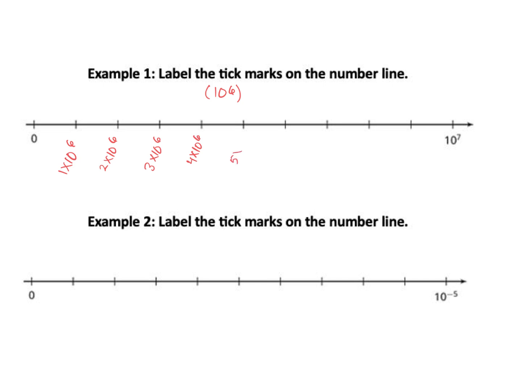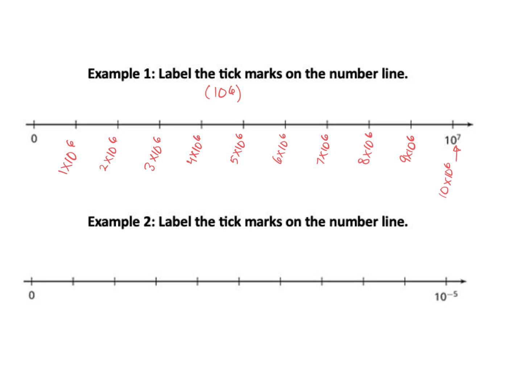Then we have 5 times 10 to the 6th, 6 times 10 to the 6th, 7 times 10 to the 6th, 8 times 10 to the 6th, then 9 times 10 to the 6th. And then technically we have 10 times 10 to the 6th. But as we did last week, we know that we can combine those together and make 10 to the 7th. So hopefully this makes sense as far as labeling this number line.